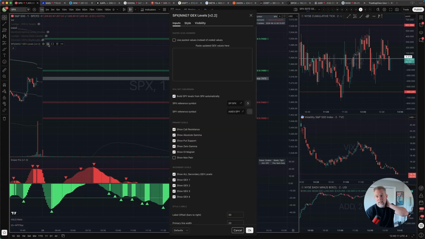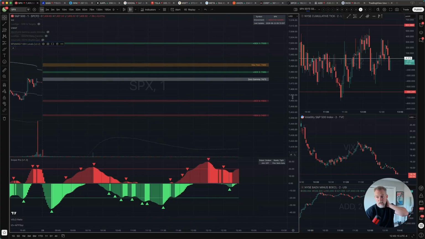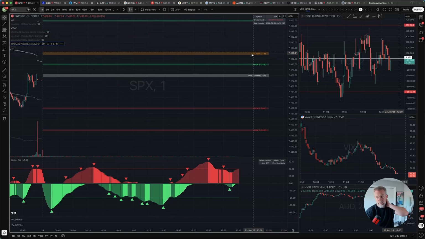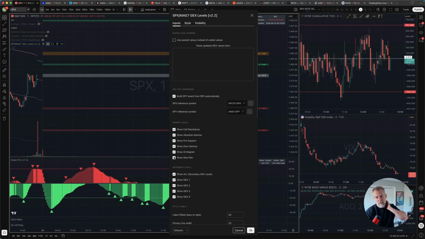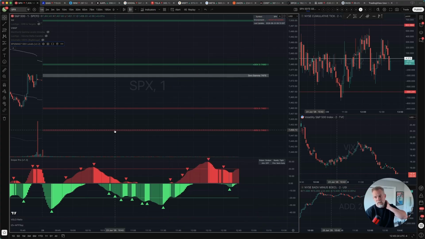And then within this indicator, we also put in, you can turn on max pain for the day and see where max pain is. I find max pain to not be a very important level anymore.